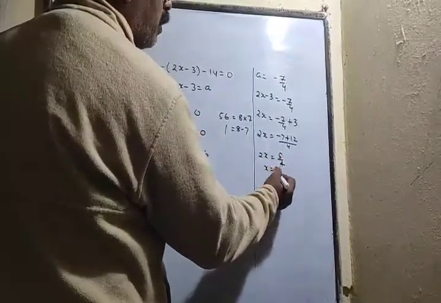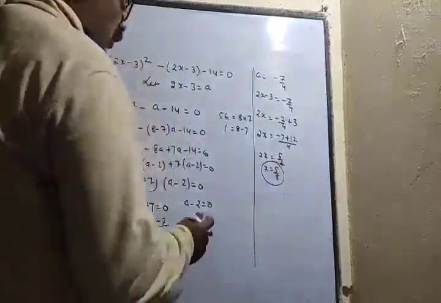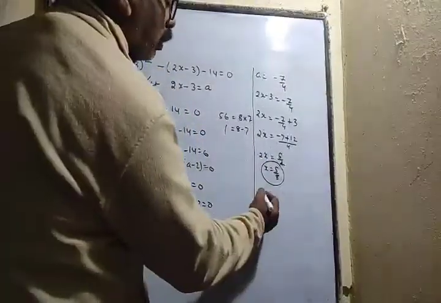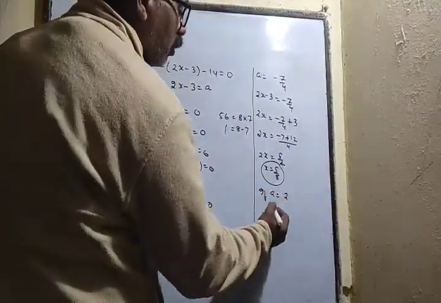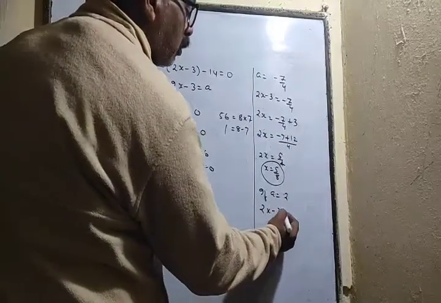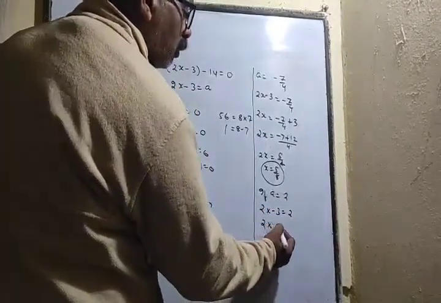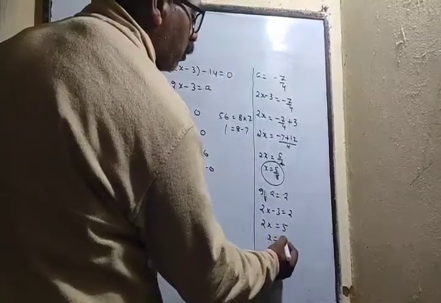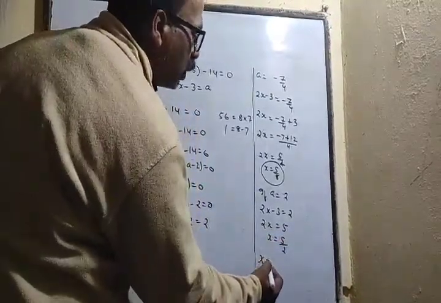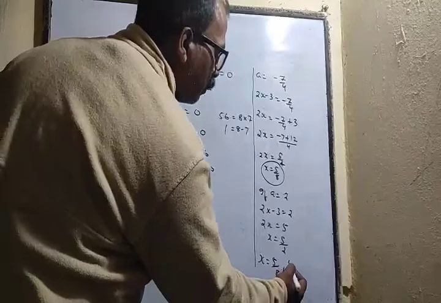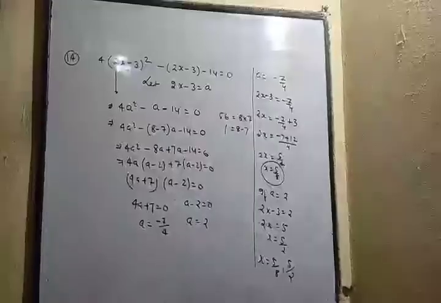So x will be 5 by 8, your first answer. Second, you have got a is equal to 2. So if a is equal to 2 means 2x minus 3 is equal to 2. So 2x will come out as 5. So x will be equal to how much? 5 by 2. So the two values of x are 5 by 8 and 5 by 2.